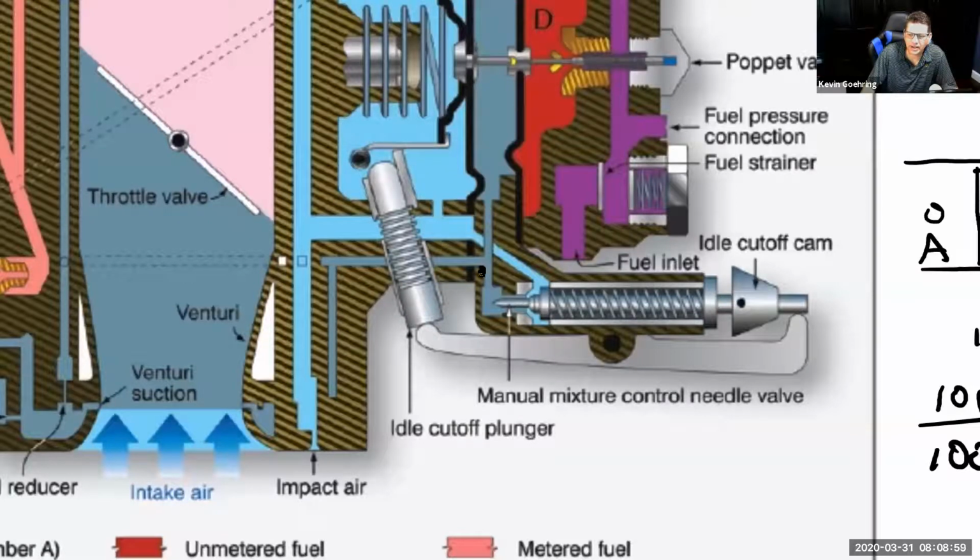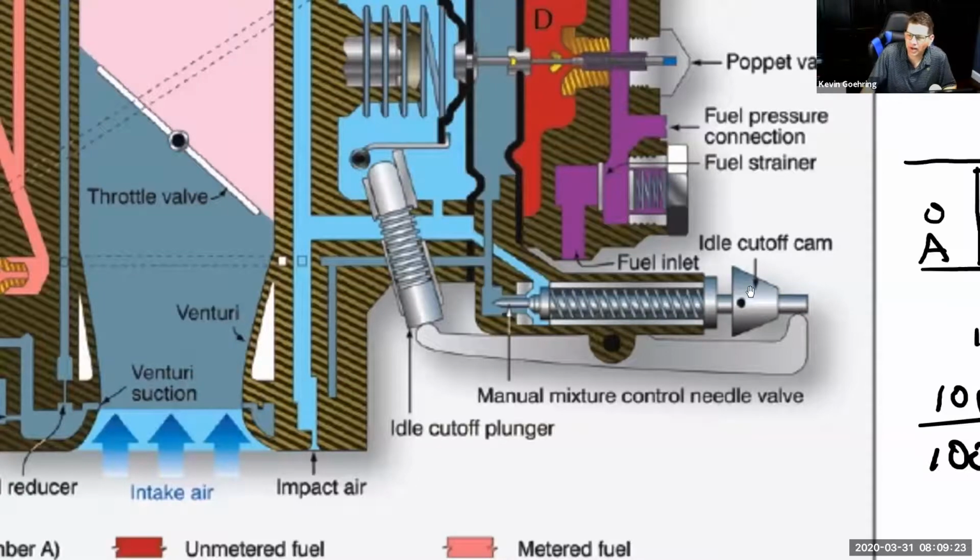Now it's getting air here. So it's like a 2-for-1 shot. It robs impact air and it satisfies the suction, if you will, from pulling on the diaphragm. So you get less pull on the diaphragm, and you rob it of impact air. So that's how you lean this one out. All right. So that's just your manual mixture control, but it's kind of cool.